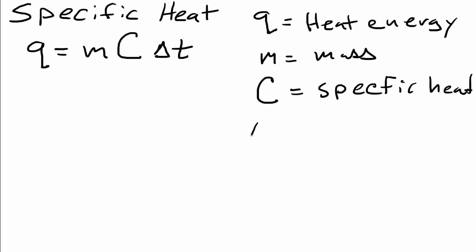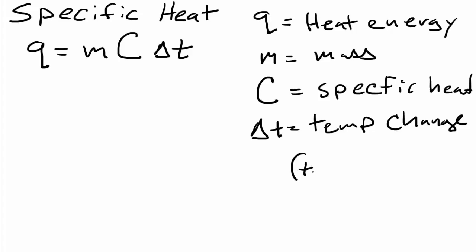And then delta T is change in temperature. Another way to state that term is to say that it's the final temperature minus the initial temperature. It's the same as saying delta T. And that's going to become important here in a second.